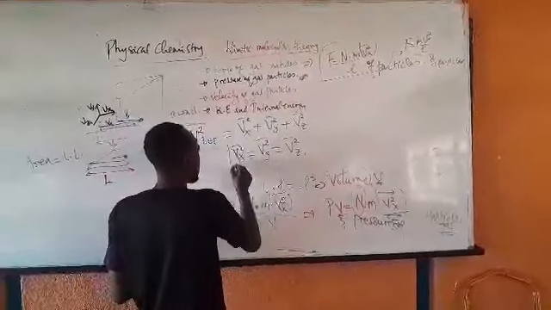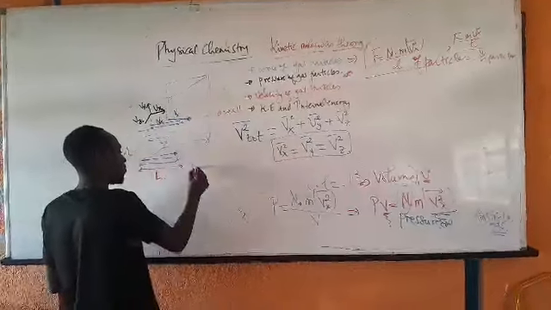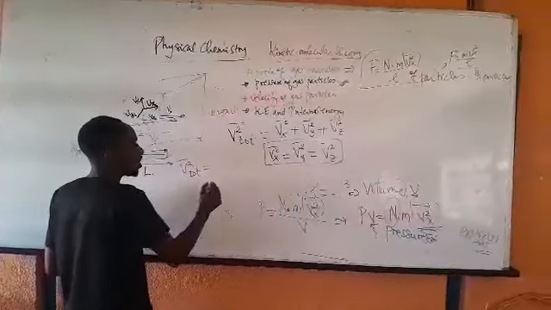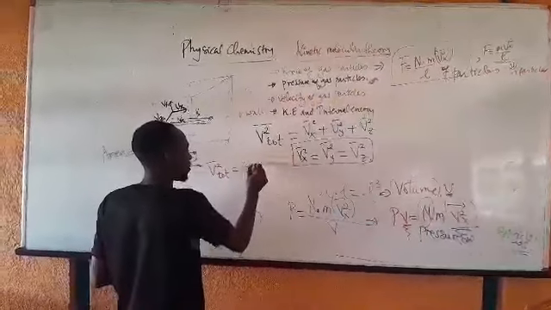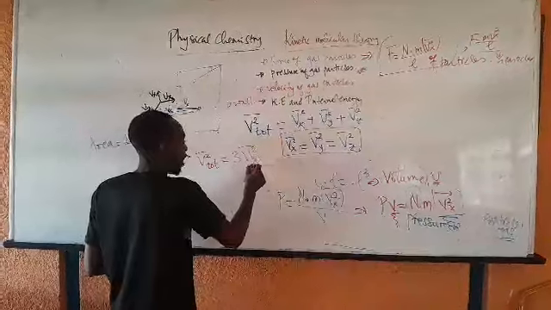Then this will give us that V total squared is equal to 3 times Vx squared. Then Vx squared equals the average total velocity squared over 3.